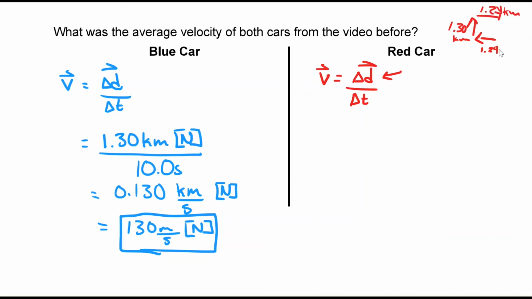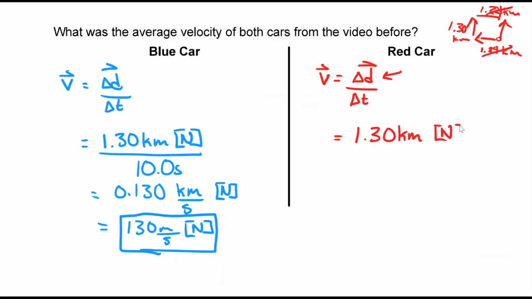I don't know if you noticed, but the west and east directions kind of cancel out, and it just went straight north. At the end of the day, that's all it did. So its displacement, because they started and ended up in the exact same spot, is the same, 1.30 kilometers. And we already talked about that on Friday.